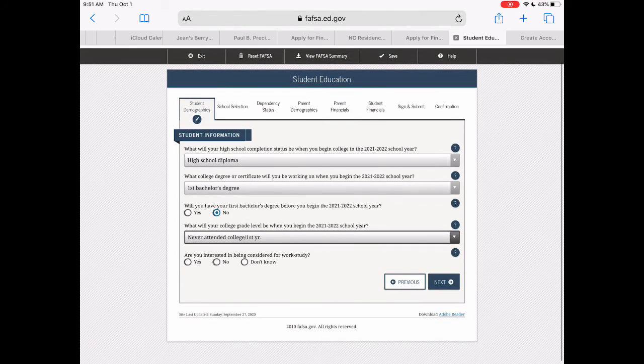And then this question where it asks, are you interested in being considered for work study? I would always recommend saying yes, because work study is a special type of job that you can get when you're in college, where the federal government, if you show that you have some financial need, will give your college money to pay you for a job that you do on campus.